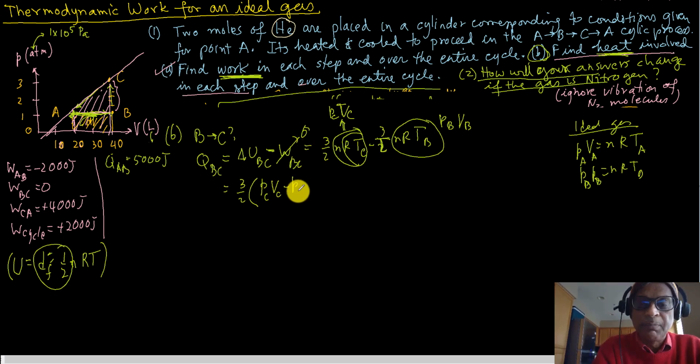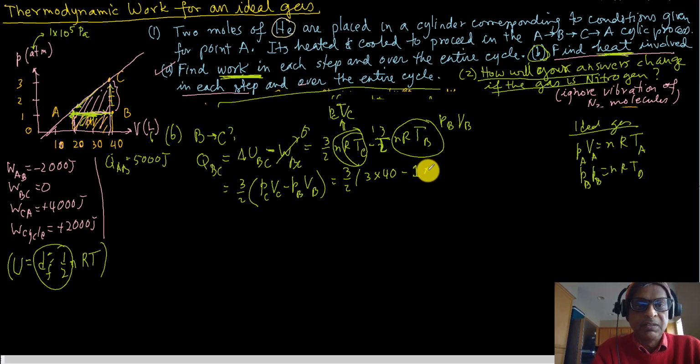PCVC minus PBVB, so 3/2 times the quantity P is 3 atmosphere times 40, and then 1 atmosphere times 40, so liter atmosphere. So this is not 0. See, although W was 0, Q is not 0.